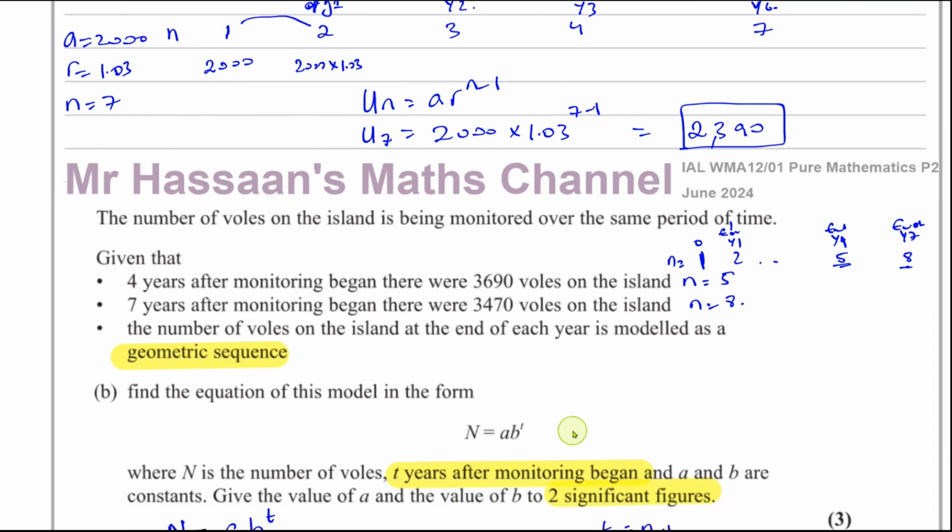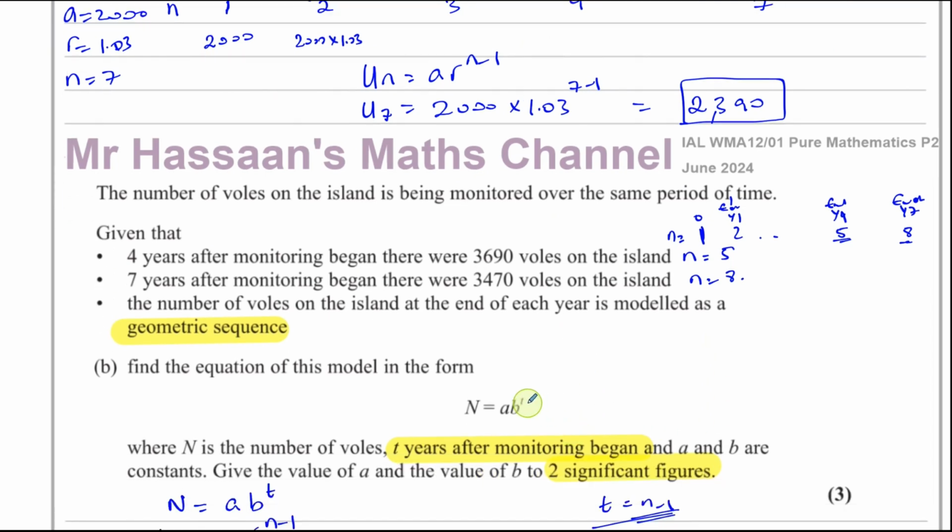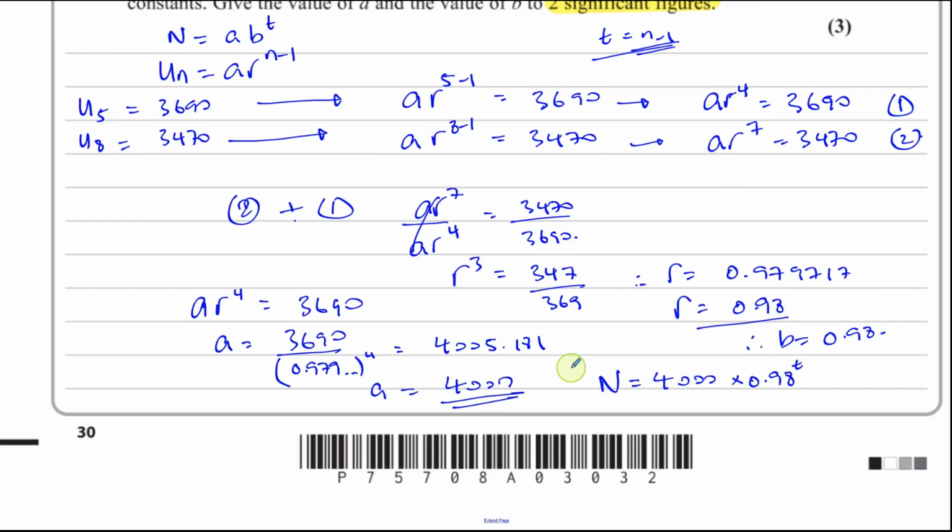It becomes clear here that the t is equal to n minus 1. You see, when t is 1, n is 2. When t is 7, n is 8. So t is after how many years, and n equals 1 is the first term. You've got to be very, very careful about that.